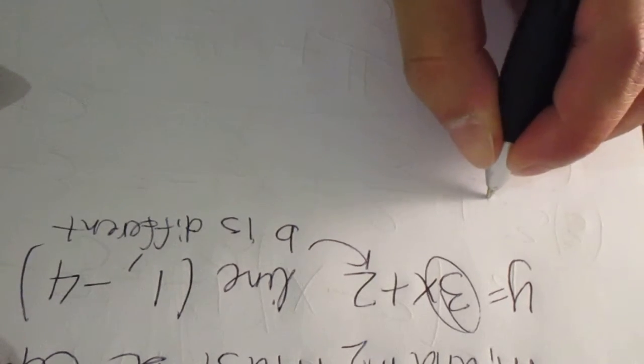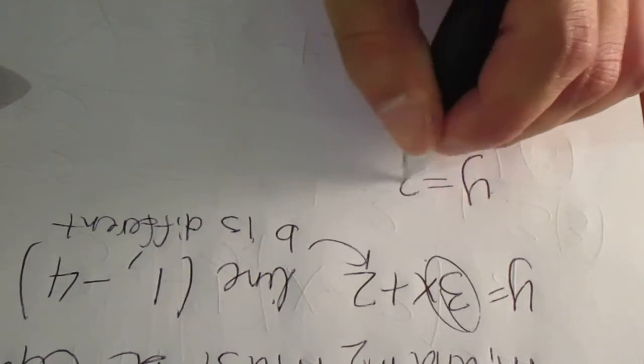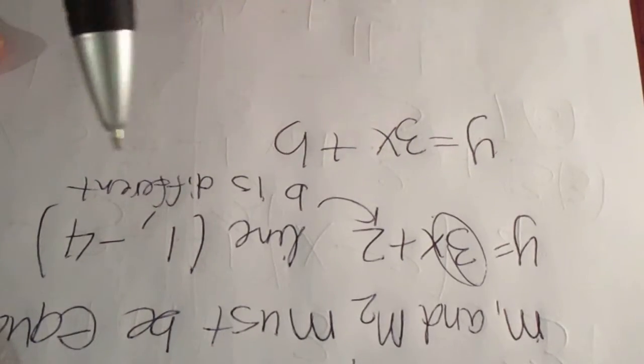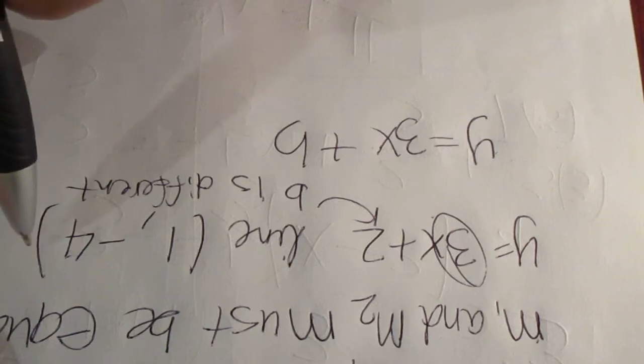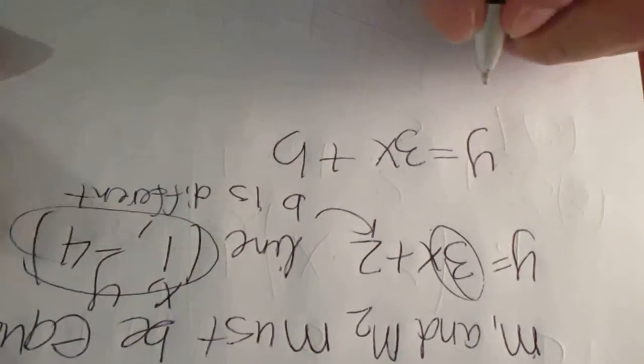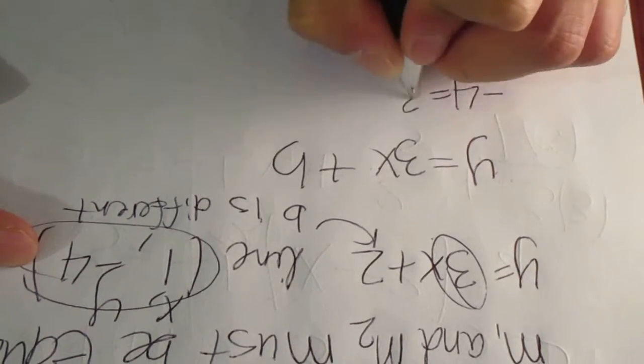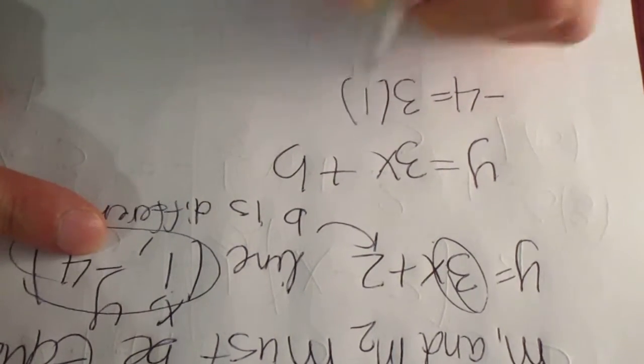So we know 3 is going to be the same, so it's y equals 3x plus b. And they give us a clue, so they know that our point is 1, negative 4, so we'll label this x and y. So all we got to do is plug it in. So our y is negative 4, and our 3 times 1, because our x is 1, plus b, right?